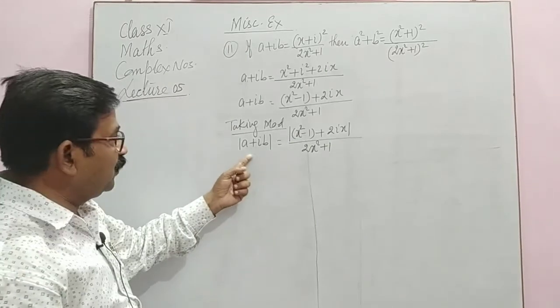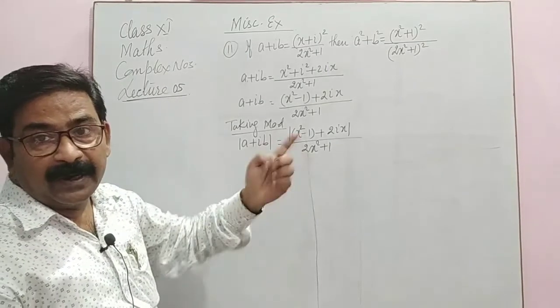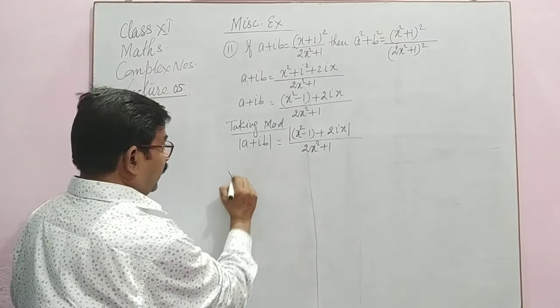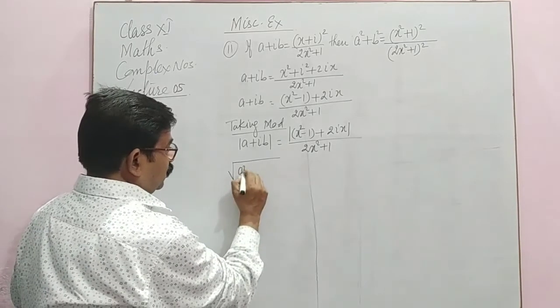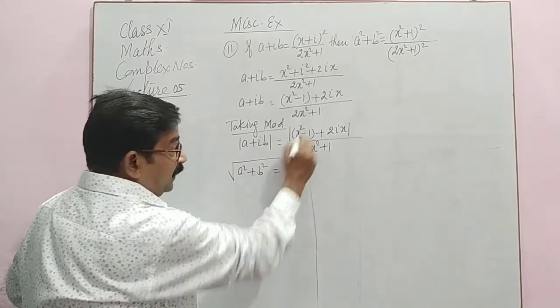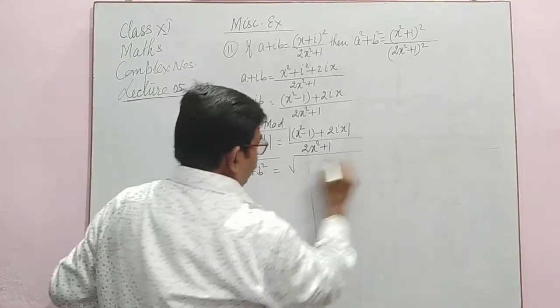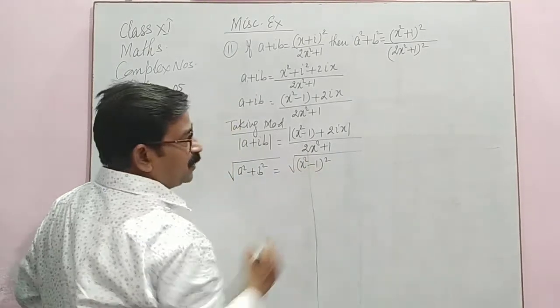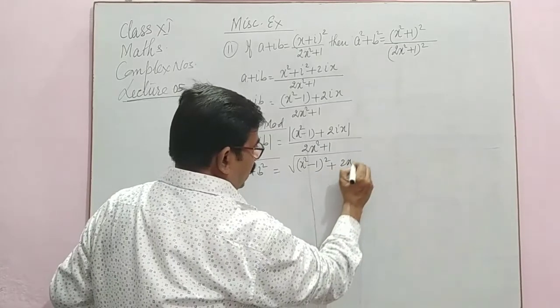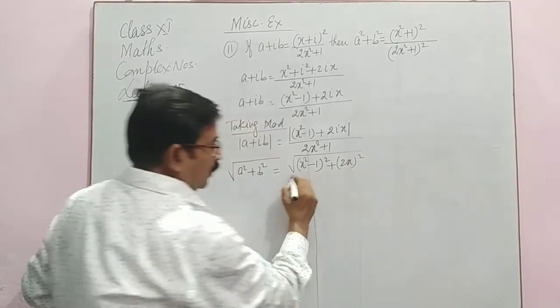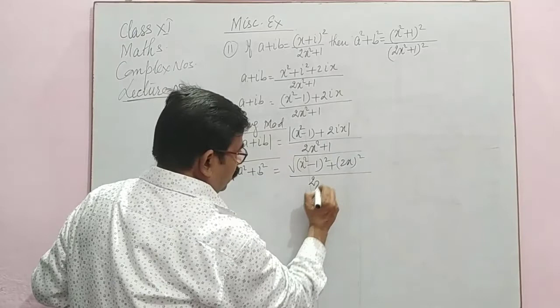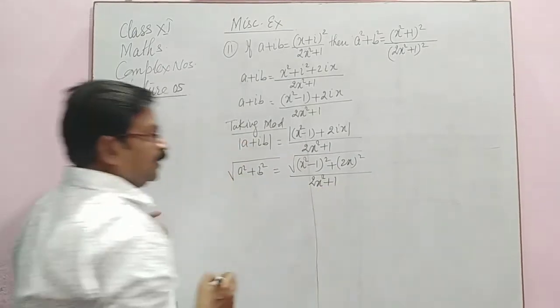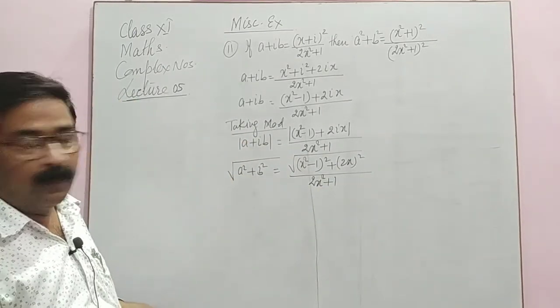Now modulus value means square of real part and imaginary part under root. So we can write this is under root a square plus b square. Here under root, see, (x square minus 1) whole square, real part square, plus (2x) whole square, imaginary part whole square, upon 2x square plus 1, which is already without a complex number.